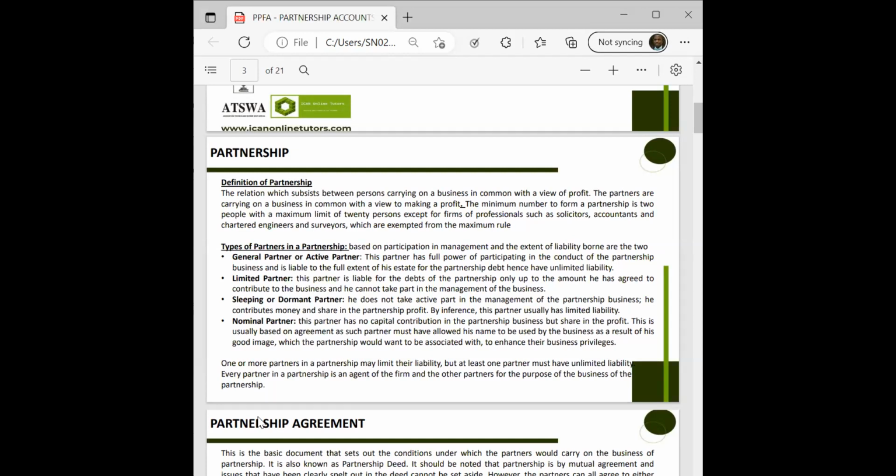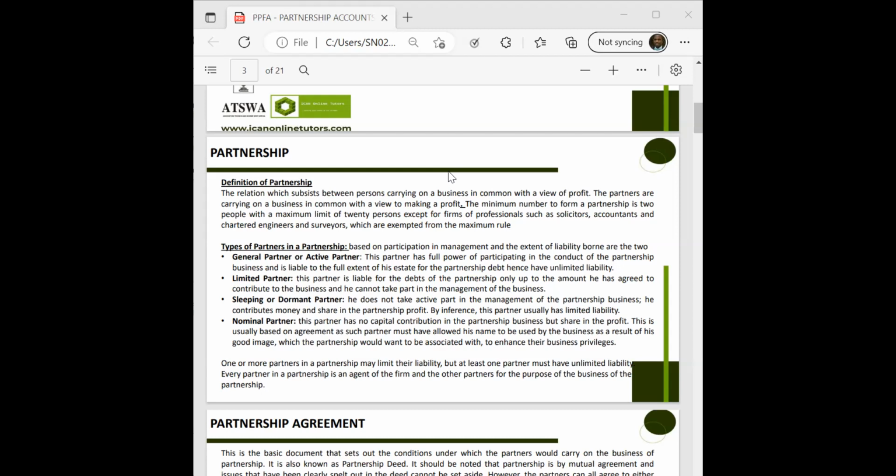So for partnership, what is partnership? Partnership is the relationship that subsists between persons carrying out a business with the view of ensuring that they make profit.